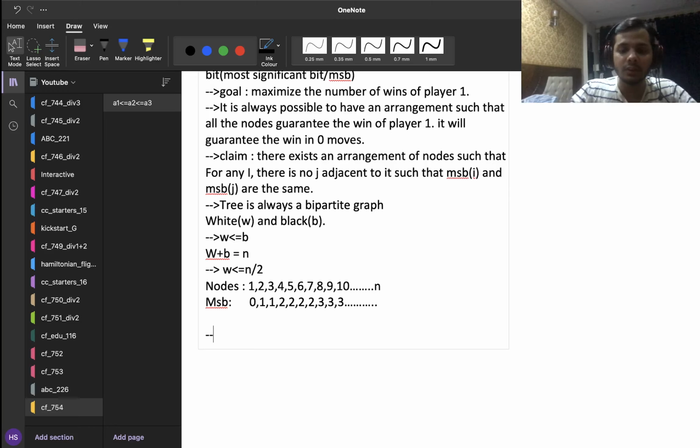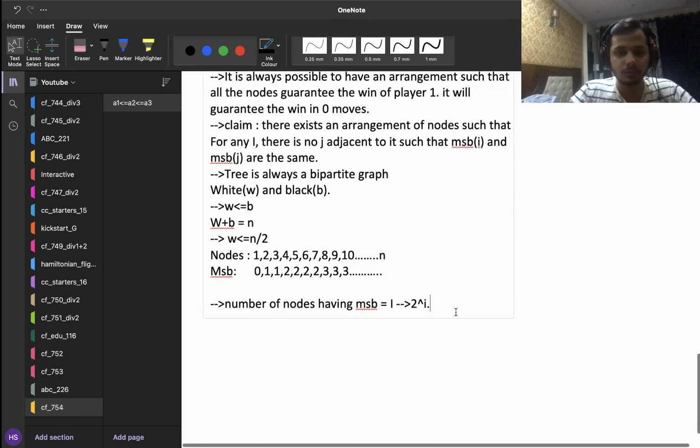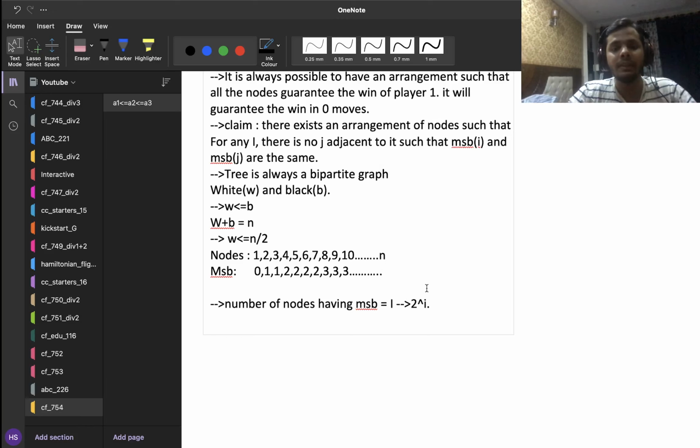So what you notice is that the number of nodes having MSB equal to I is 2 raised to the power I, right? For 0 it is 1, for 1 it is 2, for 2 it is 4, and so on and so forth. So that is one thing, but this observation is not true for possibly the last bit.